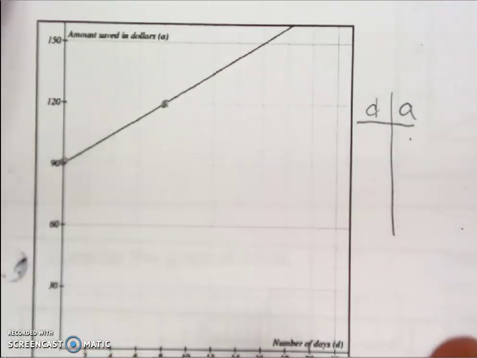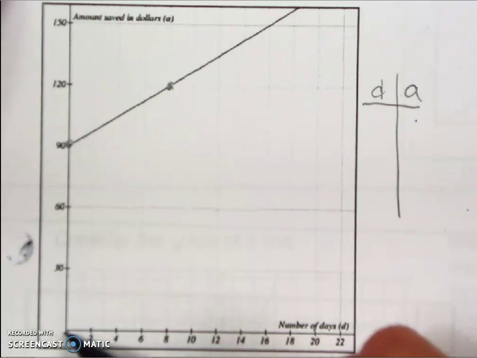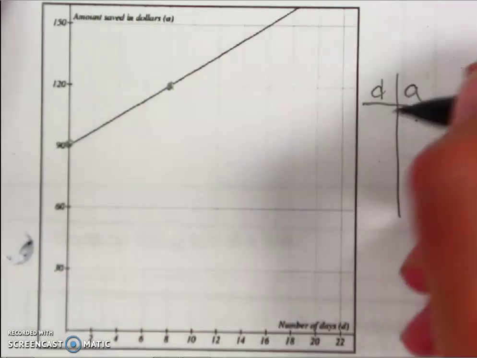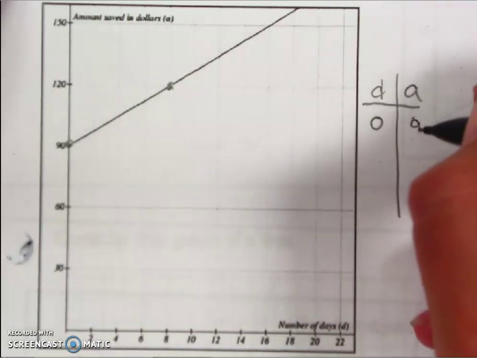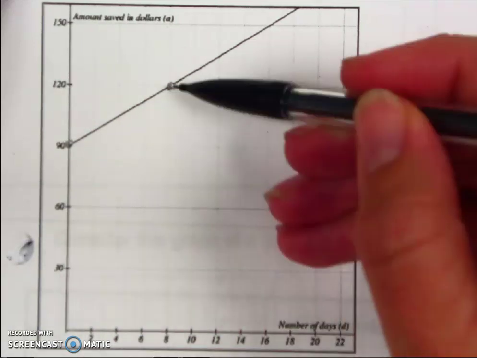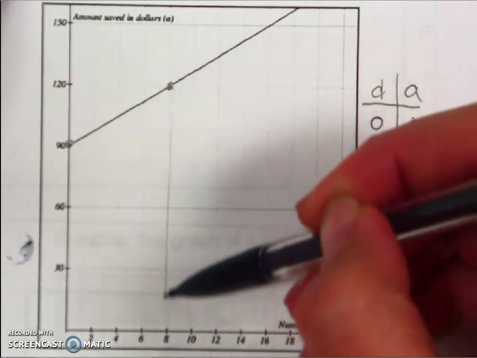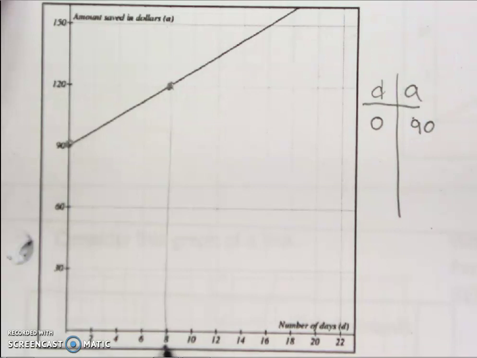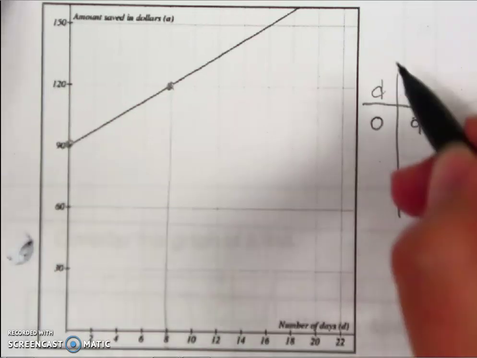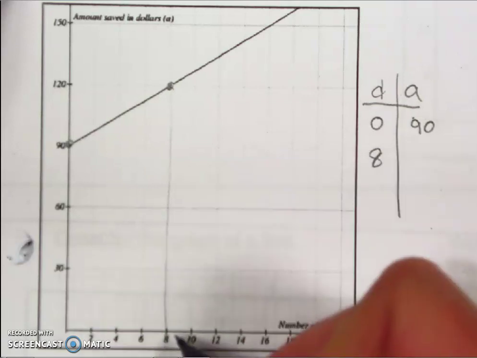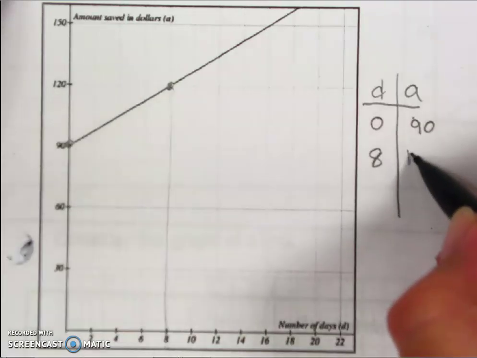But here we see that for 0 days, they have $90. And this looks like it lines up right here with 8. So always look at what it's lining up with. Notice they don't go by 1s. They went by 2s here. So make sure you know what it's lining up with. That's lining up with 8 days. So after 8 days, they had $120.